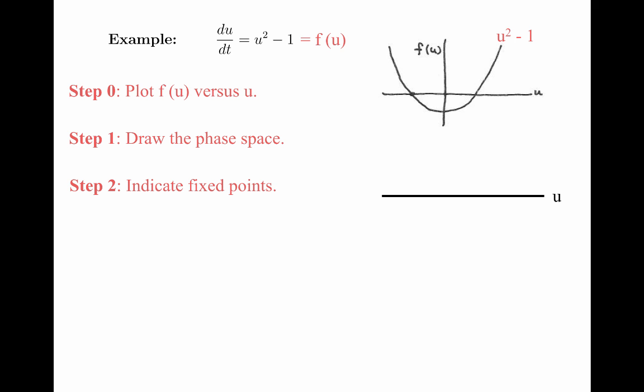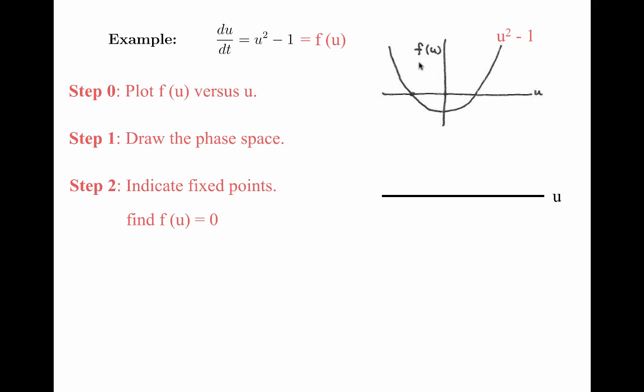Okay, step 2. Let's indicate the fixed points. Remember, the fixed points are where our function f is equal to 0. So we want to know, where does our function f, here at the top of the screen, where does u squared minus 1 equal 0? We can solve this equation and ask what values of u we need to choose for this function u squared minus 1 to be 0. But we can also see it directly from our figure on the right.